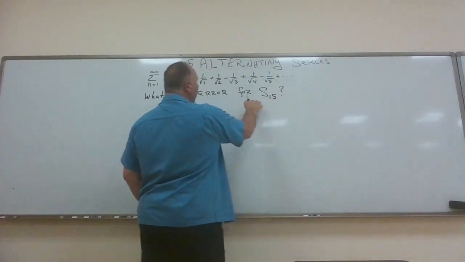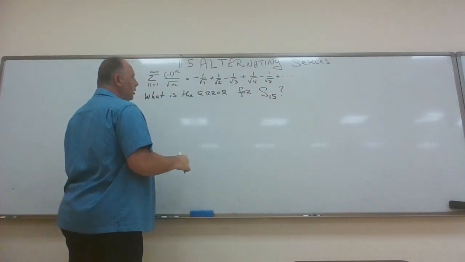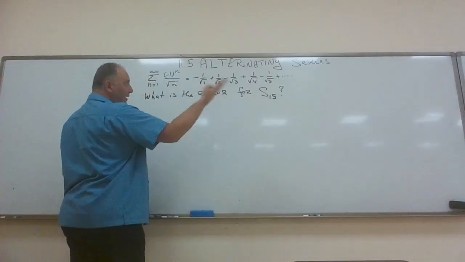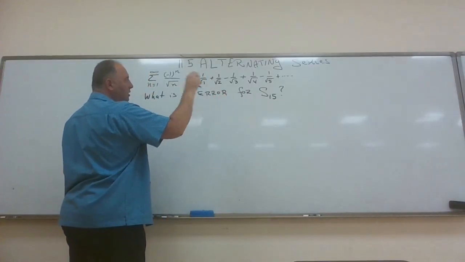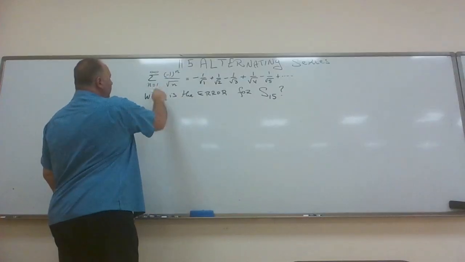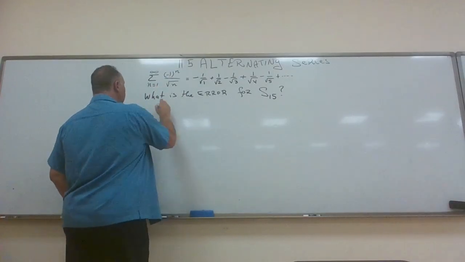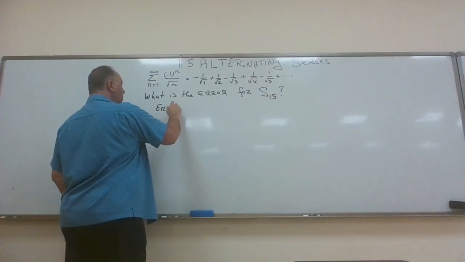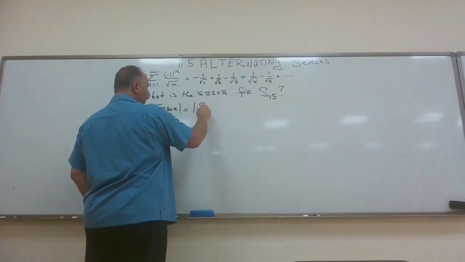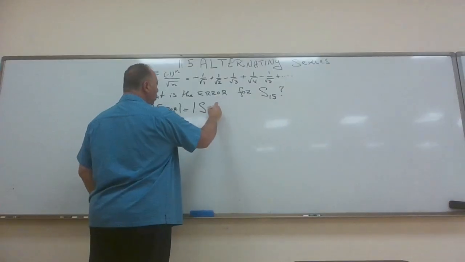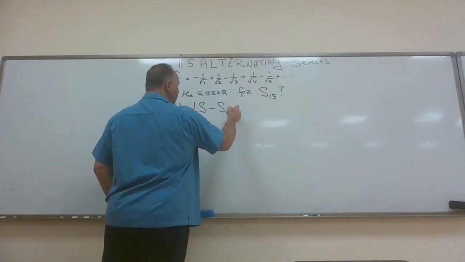So essentially I add the first 15 terms, and I get a number. That number is an approximation for the sum of the series. So what's the error? The error is an absolute value: it's the sum, which I don't know, minus S15.